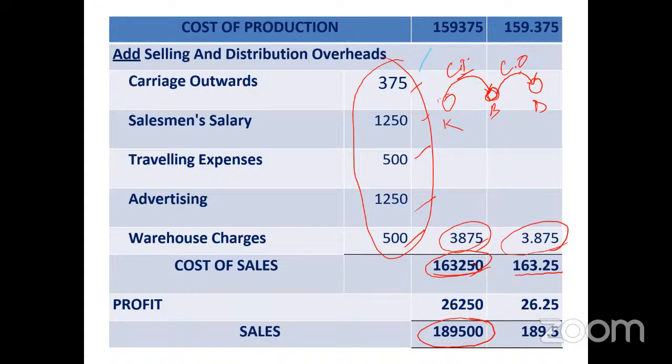This total cost must be deducted from the sales in order to get the profit. So this is the total profit, 26,250. Per unit profit will be 26.25. If we add these two, we get the per unit selling price of the product.